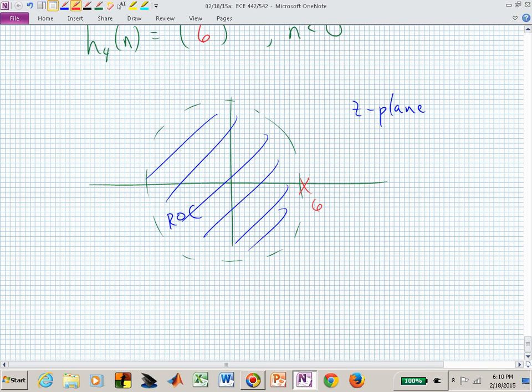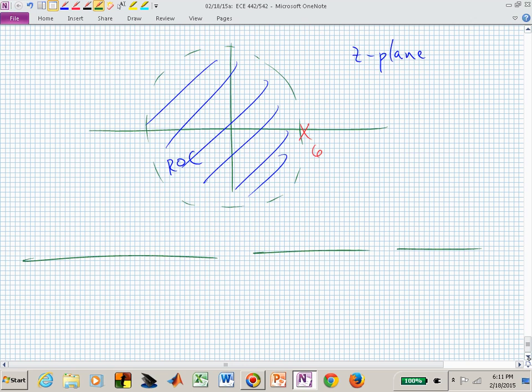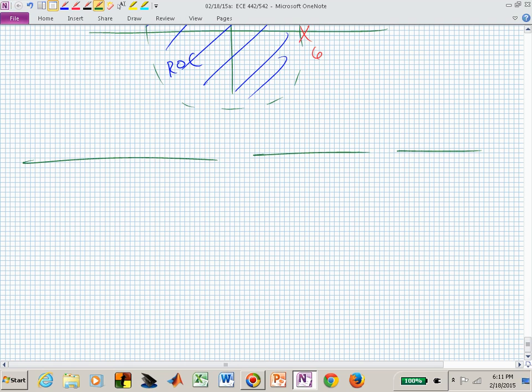As long as that annular region, as long as the donut contains the unit circle, that shaded area in the donut or the annular region, as long as the unit circle lies in that, you're going to have bounded waveforms. Questions on that?